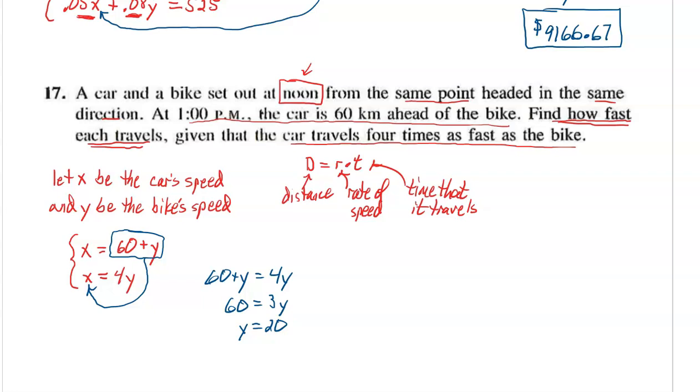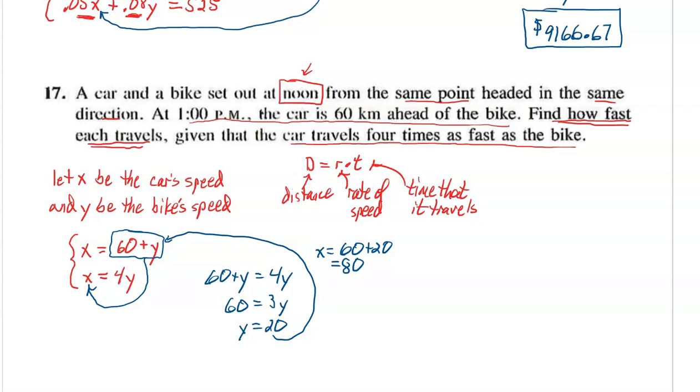Okay, what is the letter y? It's the bike speed. So we figured out how fast the bike was going. Do we also need to figure out the car speed? Yes. So we take the number 20 and substitute it into that first equation. We get x equals 60 plus 20, which is equal to 80.